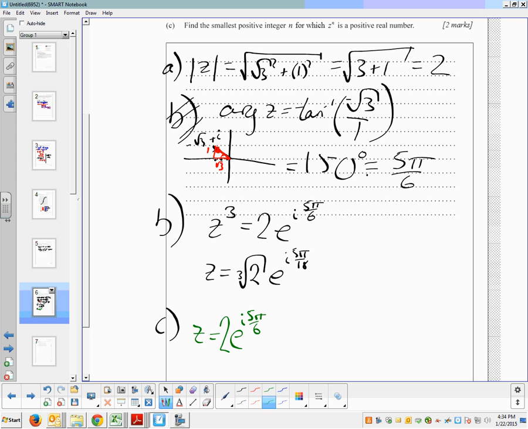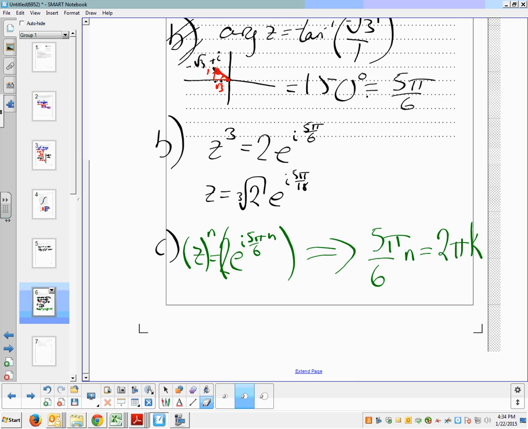And we're asked, when is that a positive real number? z to the power of what? So z to the n is equal to that to the n, which is basically just asking, when is 5 pi over 6 n equal to a multiple of 2 pi?